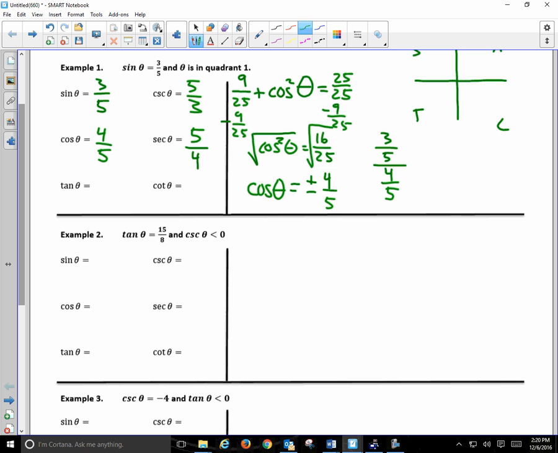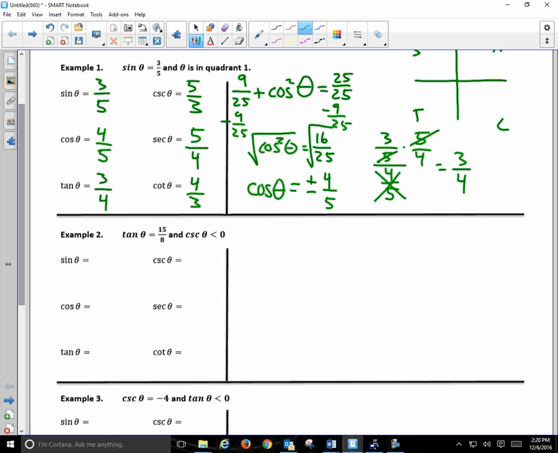Multiply by the reciprocal. So cotangent would be 4/3.